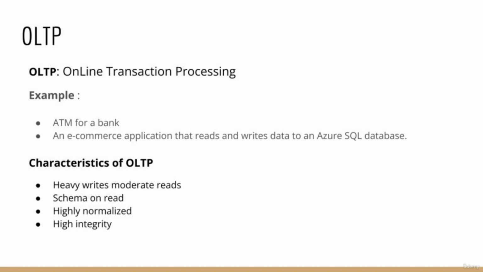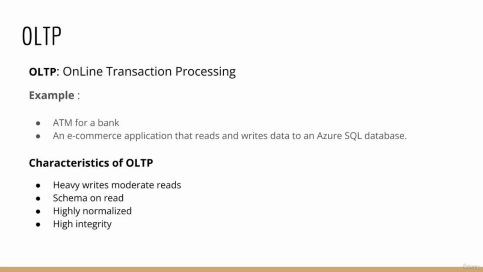OLTP refers to processing in which the system responds immediately to user requests. An automated teller machine, or ATM, for a bank is an example of a commercial transaction processing application. Another example is an e-commerce web application that reads and writes to an Azure SQL database.